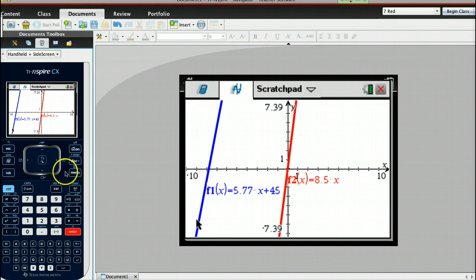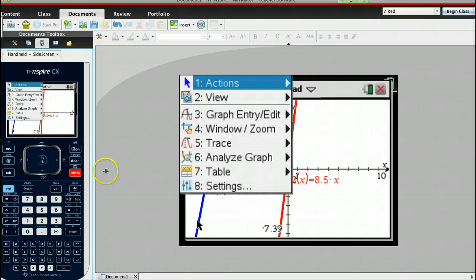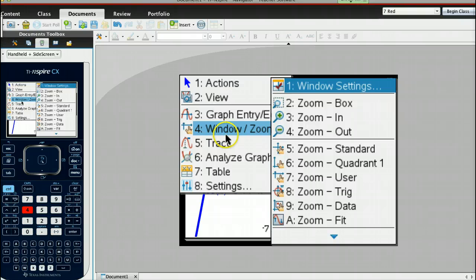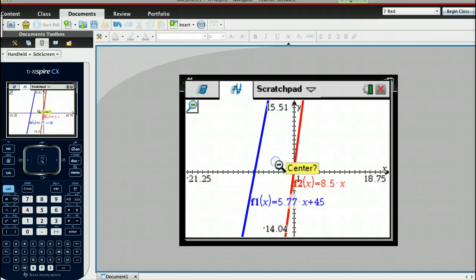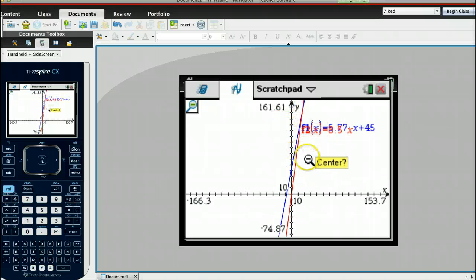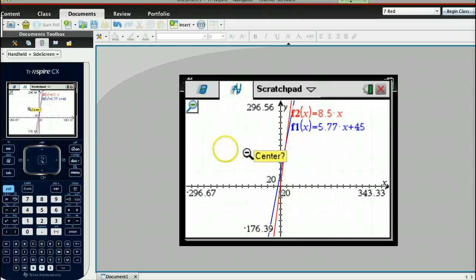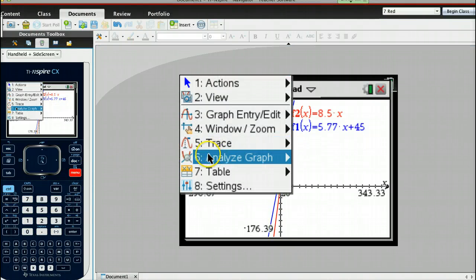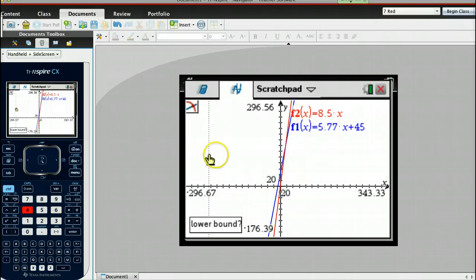Press enter for that. Looks like I need to zoom out a little bit. So I'll go to my window zoom menu. And I'll zoom out just until I can see the intersection point, which looks like it's about right here. So now I'll go back to my menu, and I'll go to Analyze Graph, Intersection.